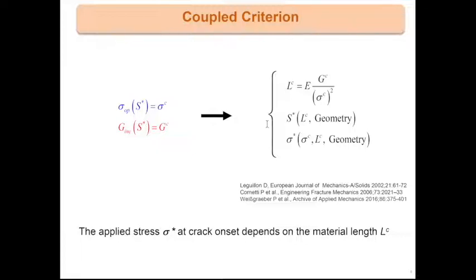And I will show that the crack surface at initiation depends on this length and on the geometry of the stress concentrator. The critical loading at crack onset also depends on the strength, the material length, and the geometry.